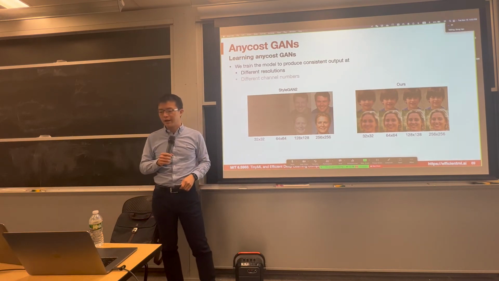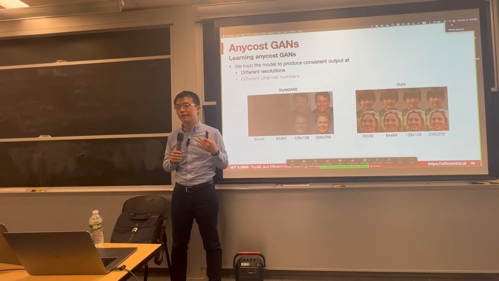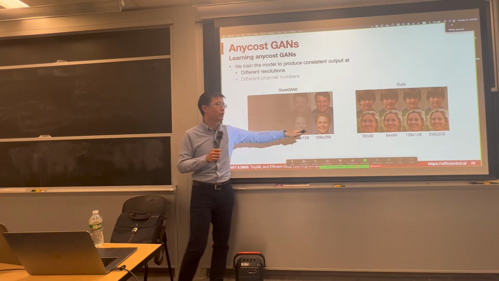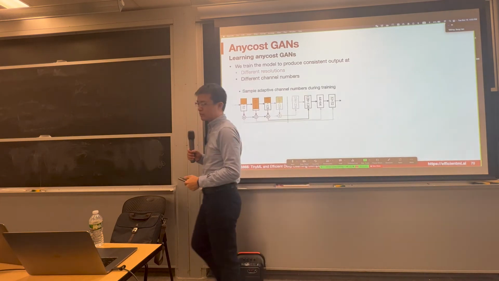The only trick we played here is sampling different resolutions at training time, so that the model is adapted and knows that at runtime it's highly possible I can run either a smaller input or a higher resolution.